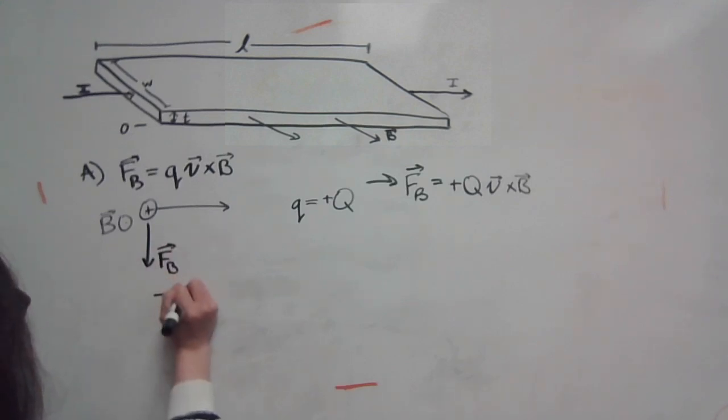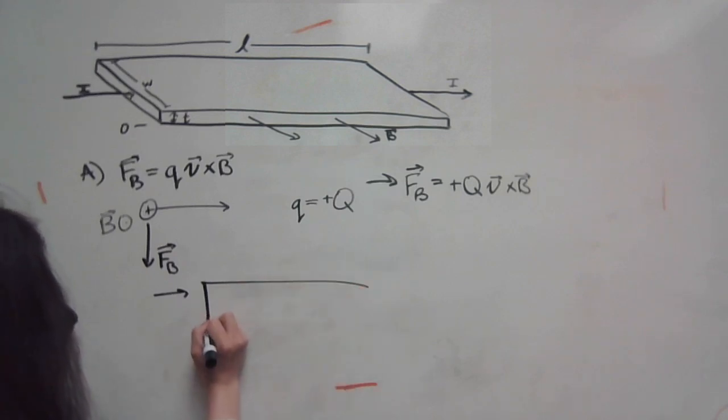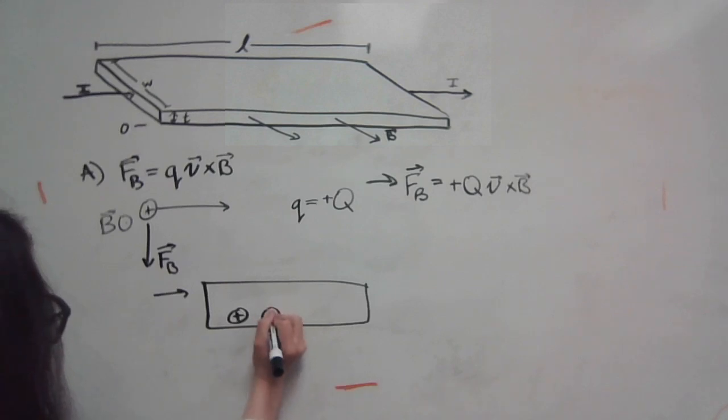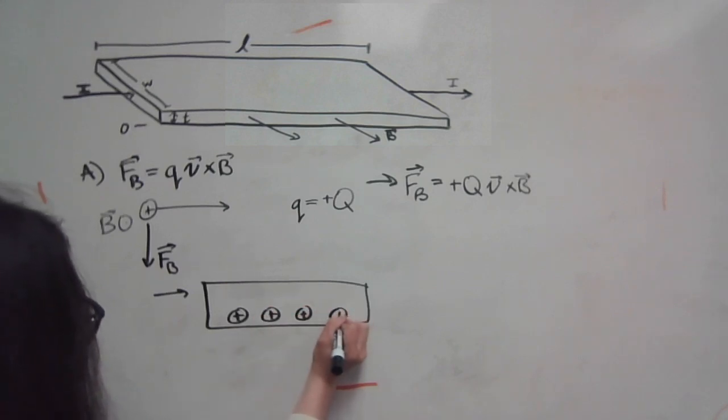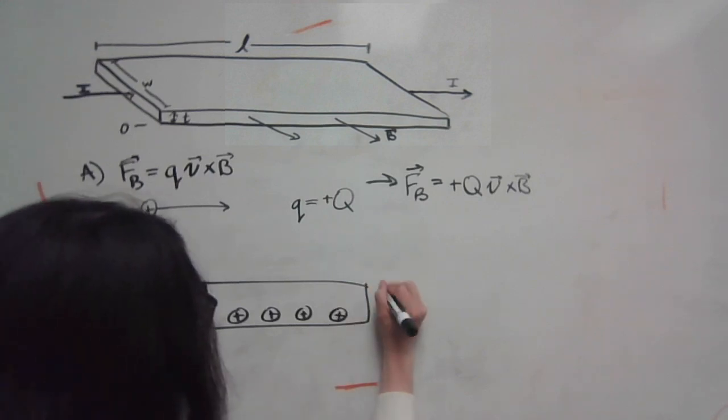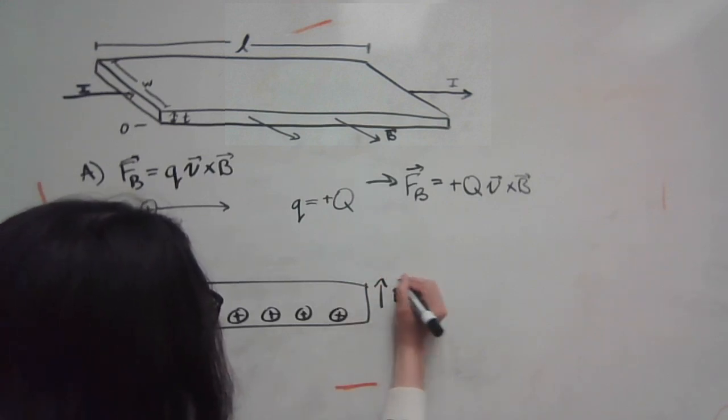So we'd have the slab with these positive charges accumulating at the bottom. And because of this, we would have an electric field pointing upward.